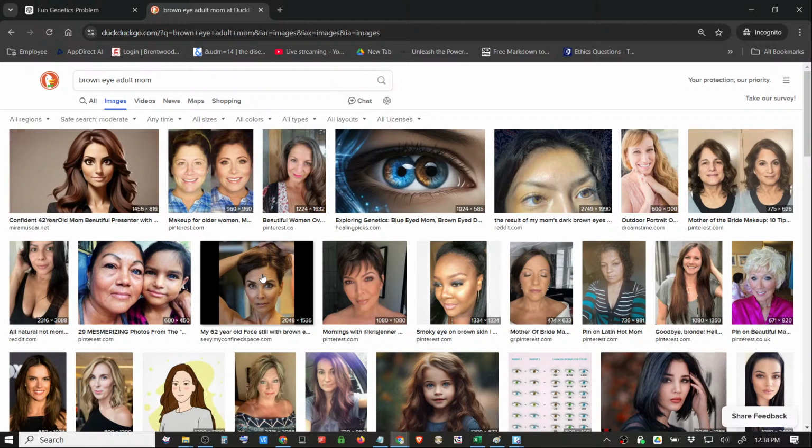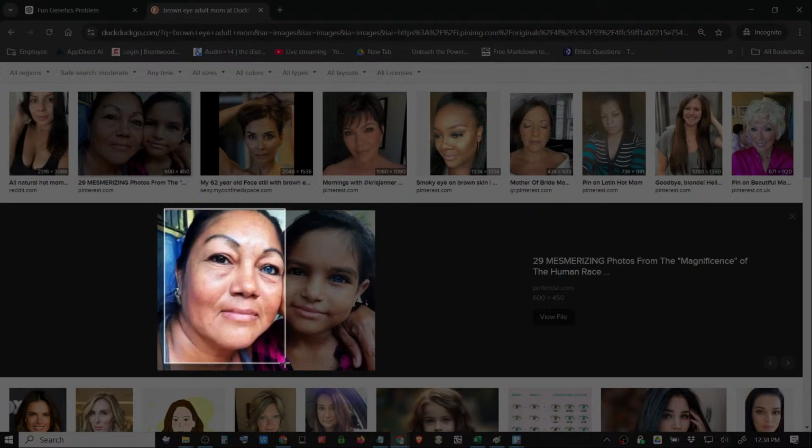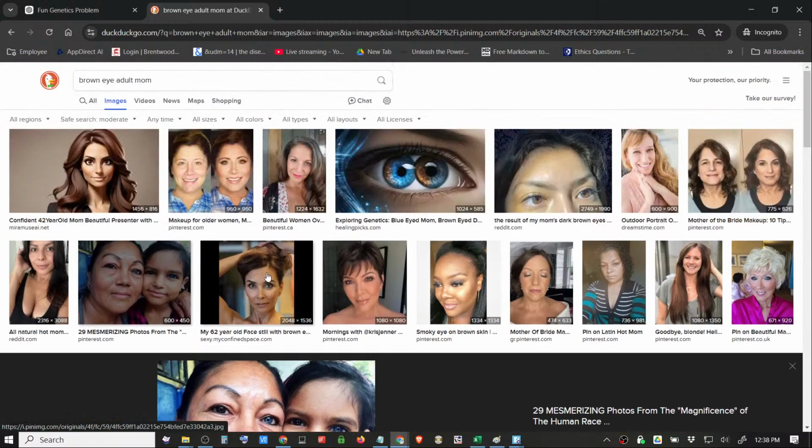What is all natural hot moms? Yo, it's body blue. Mr. Lee, you should use the bottom left photo. Wow. All natural hot moms. No. Go that one. Why are you laughing? Oh, she had one blue eye. You're wrong.